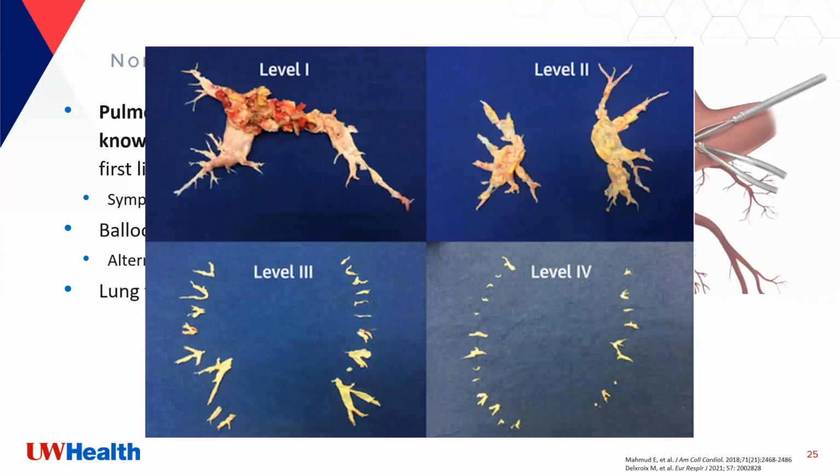Even though surgery is preferred treatment, sometimes it's not easy to perform it. Here we have 4 levels of clots. For example, level 1 depicts more proximal clot, where it's easy to resect and get it out, where level 4 is very distal, very small. Sometimes it's not easy or even impossible to get that out.